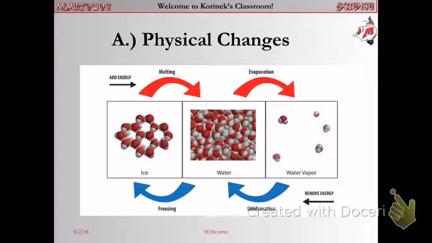And if we look at this at a particle level, if we actually want to see what's going on here, and why this is not a chemical change, it's because the particle that's involved, which is the water molecule, stays the same throughout the entire process. So as you can see, if it starts out as ice here on the far left, you see the molecule's got one single red attached to two whites, and that's the molecule itself.